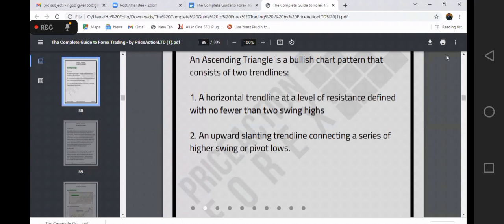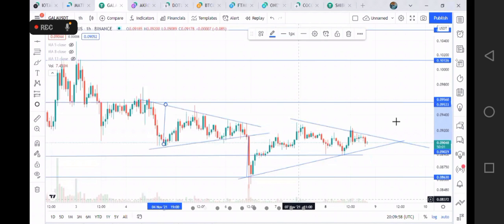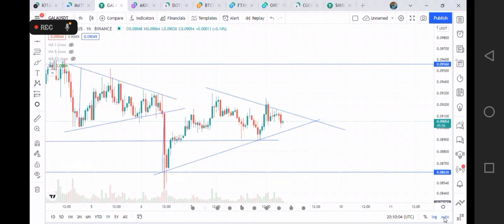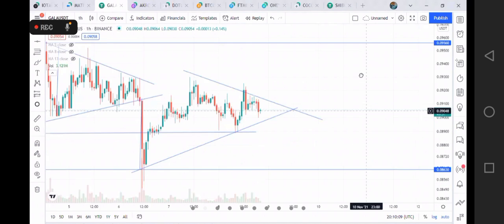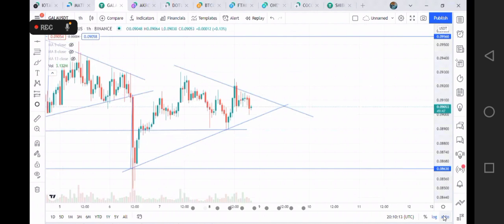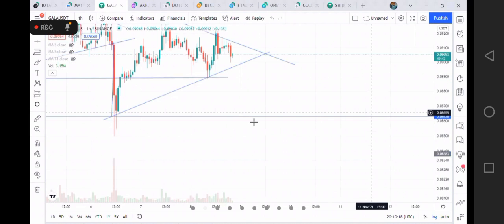Do you understand? So let's see the structure. Let me show you how the structure used to look like. This is what the structure used to look like.